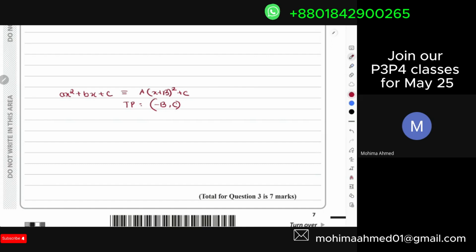So this capital C will be your range. If this is a positive quadratic equation, then your f of x was supposed to be greater than or equal to C. And if this was a negative quadratic equation, then it will be less than or equal to C. This is for the minimum point, and this is for the maximum point.